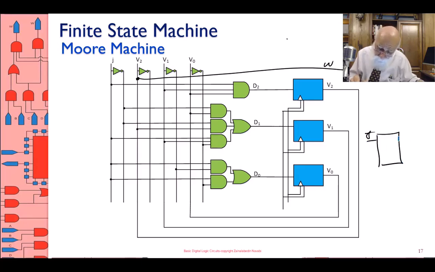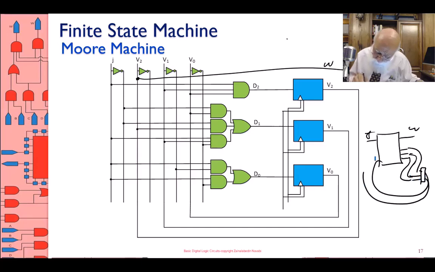J, W, 3 state variables, 3 flip-flops, and then feeding back to the inputs.